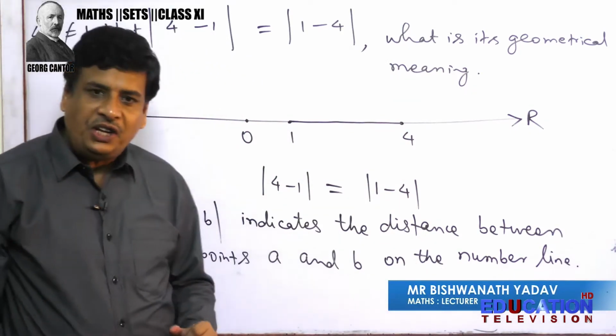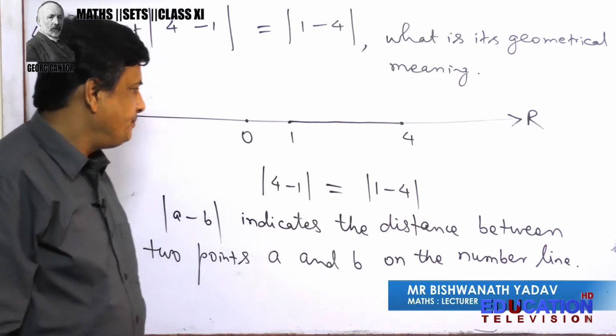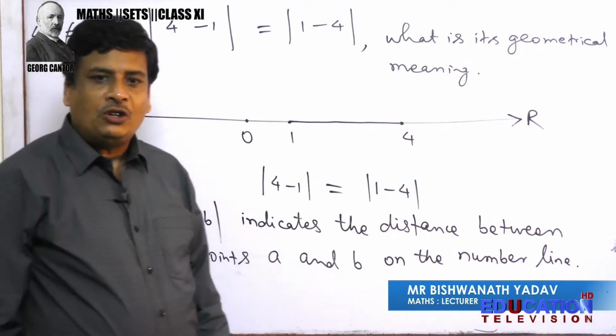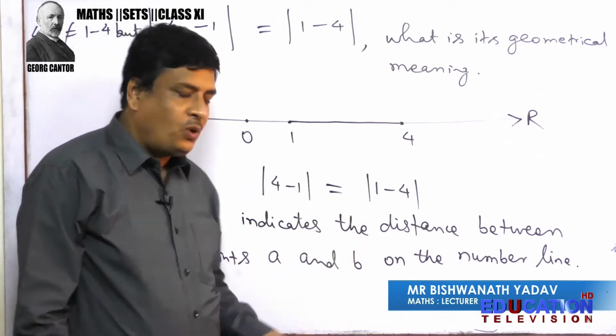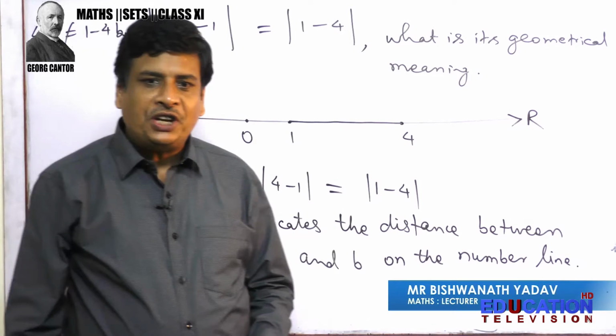Modulus A minus B indicates the distance between 2 points A and B on the number line. In the same way, modulus 4 minus 1 or 1 minus 4, their modulus represents the same distance.